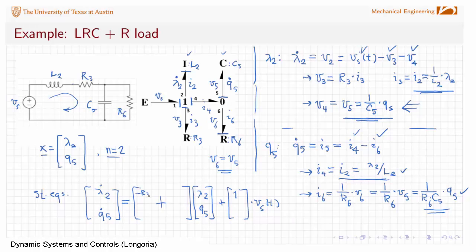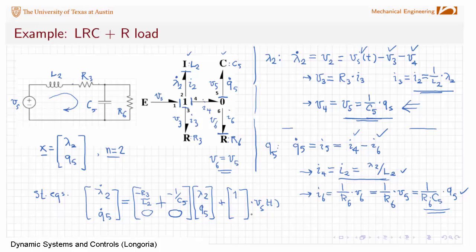R3 over L2, right? Times lambda 2. And that's the term here, and then the second term would be V4 here, minus V4, which is minus V5, which is minus 1 over C5, and so on. And I can let you finish and get these two terms here in terms of Q5.